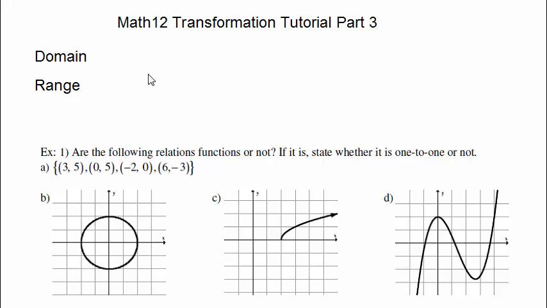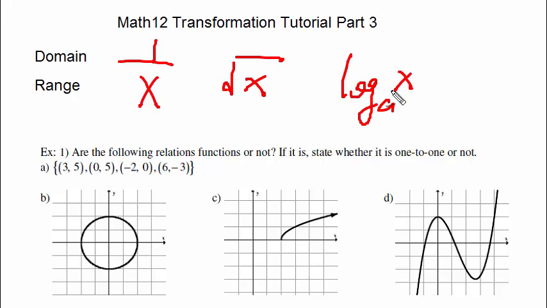So in high school level, we're going to deal with three kinds of functions. They are 1 over x, square root of x, and the logarithm of x. For 1 over x, the denominator cannot equal 0 at all. For x inside the square root, x must be bigger than or equal to 0.